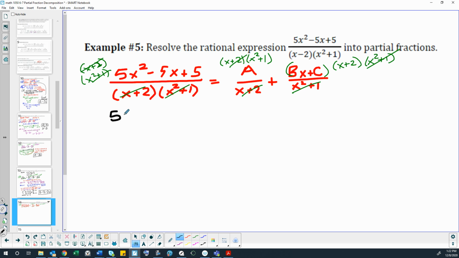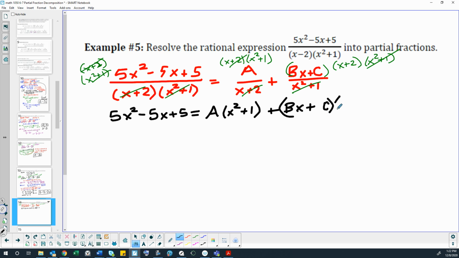Okay, so we have 5x squared minus 5x plus 5 equals A times x squared plus 1 plus Bx plus C, the whole thing times x plus 2. All right.